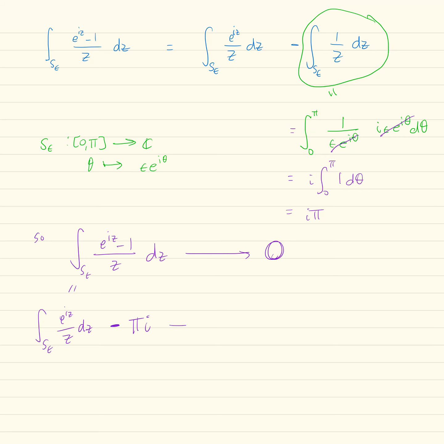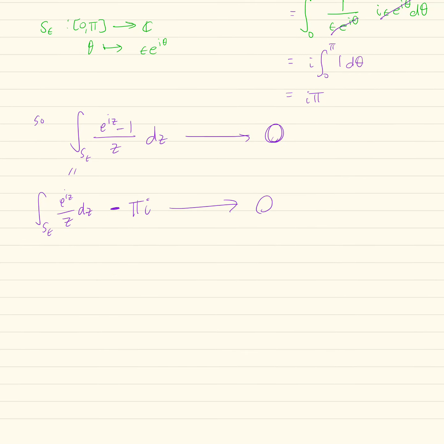So this goes to 0, right? And this is all as epsilon goes to 0. So the integral over S epsilon of e to the iz over z dz goes to pi i. Does that make sense?